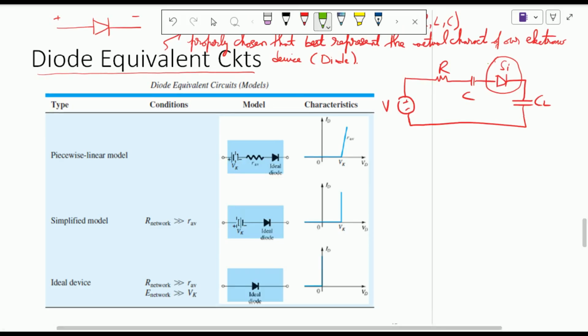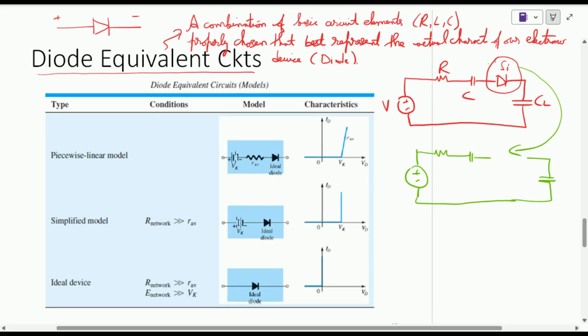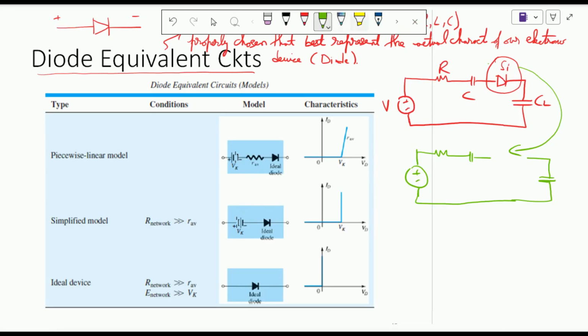We can replace this diode in our circuit with its equivalent model. So we have the same circuit with a resistor and a capacitor, but now we have replaced the diode with its equivalent model, and that equivalent model can be something like this. So now we can have V of k and average RC. This is basically what is happening.